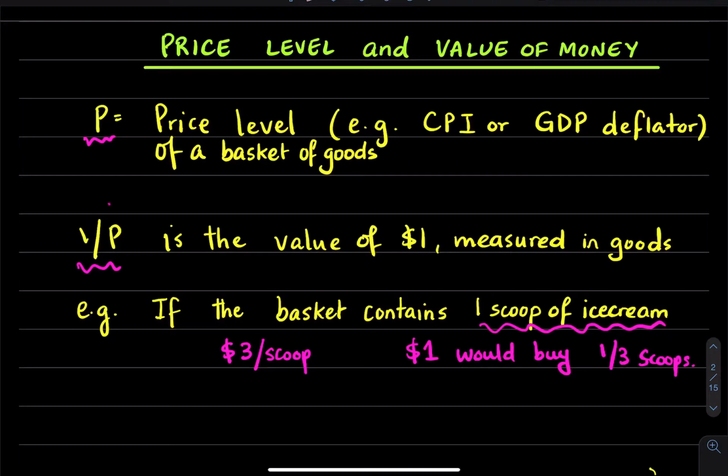Okay, so 1 over P is representing the value of a dollar measured in goods.